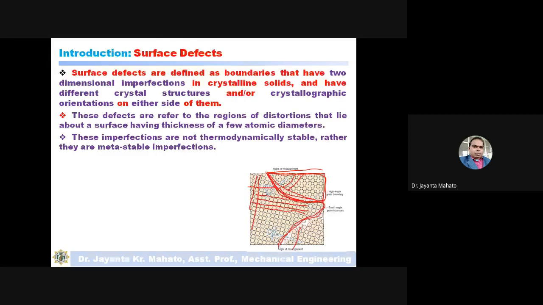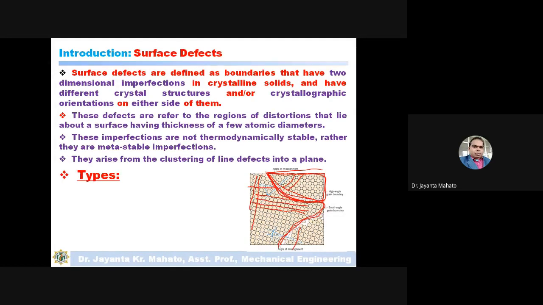They arise from the clustering of line defects into planes. Clustering means just the addition of line defects in a plane.